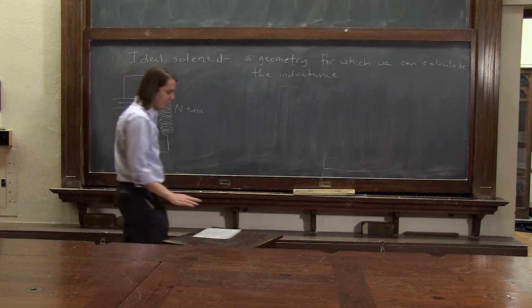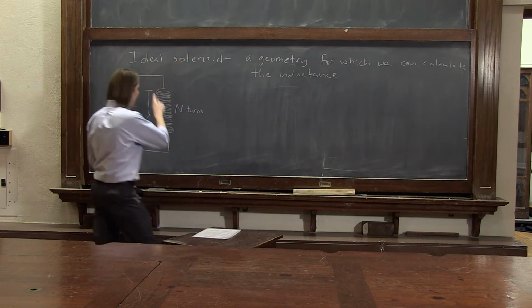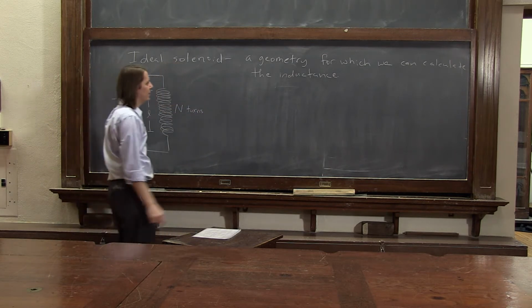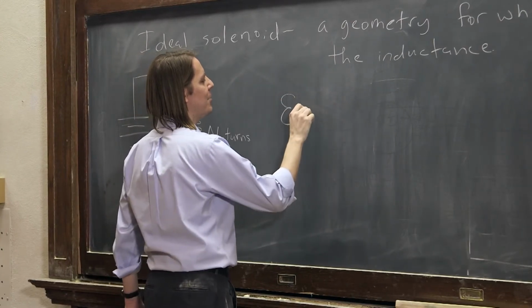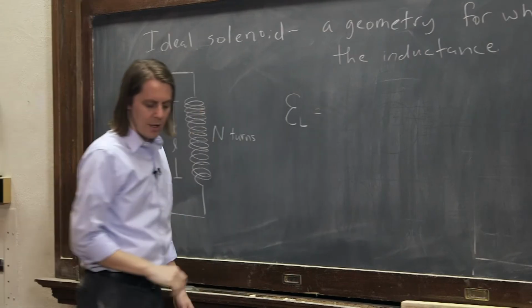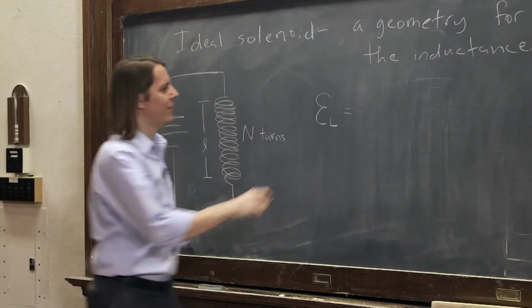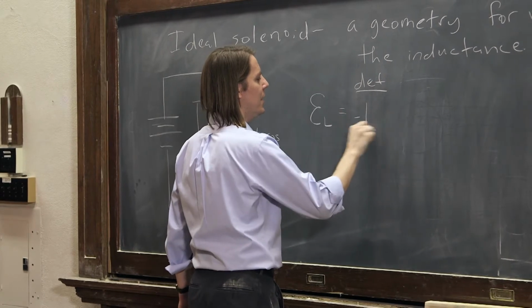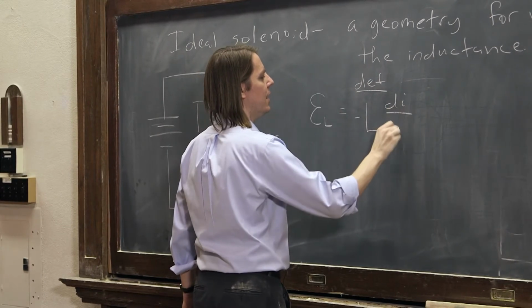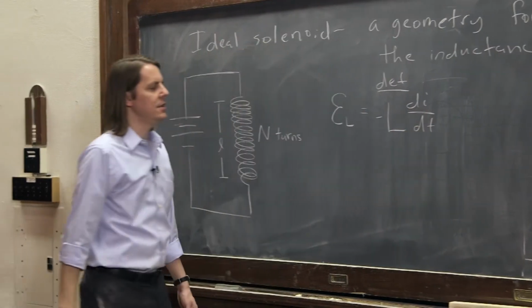Okay, so let's then see if we can figure out how to calculate the inductance of this thing. So we need our equation for the back EMF created in the solenoid. So we have our definition. It means it's minus L di dt.